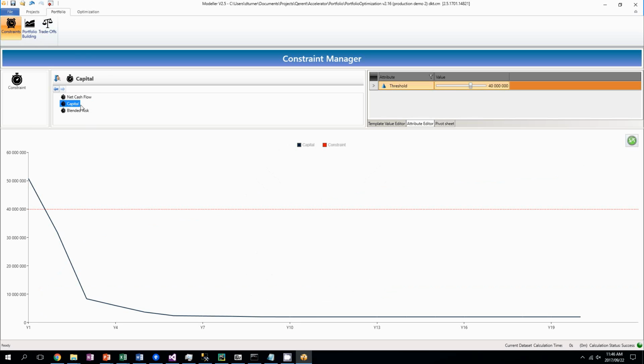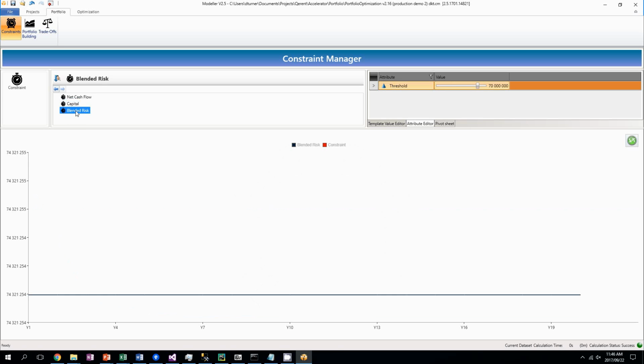There is also a capital constraint currently set to $40 million, and again we're exceeding that constraint in the first period. And I've set a risk constraint to say that we want no more than $70 million of downside risk in the portfolio that is eventually assembled.